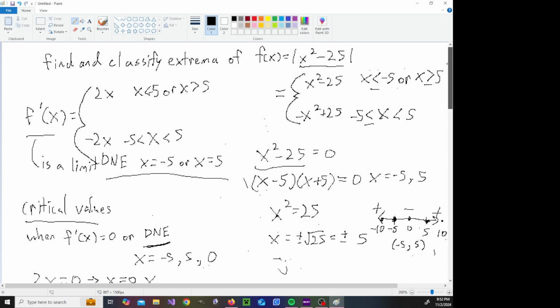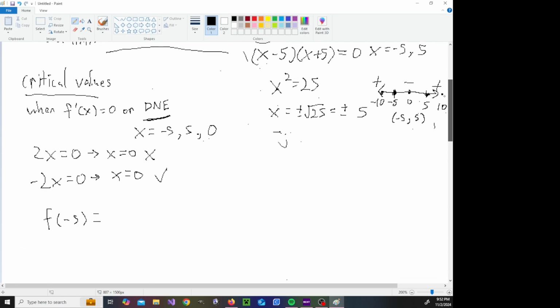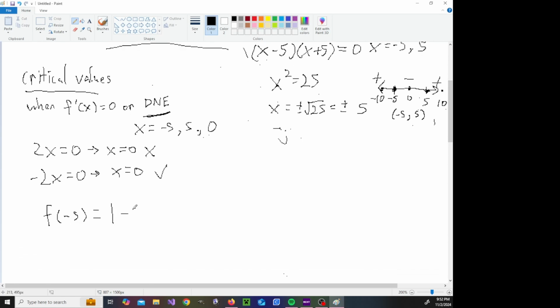What is f of -5? Well, that's the absolute value of (-5) squared minus 25. Oh, I got ahead of myself, (-5) squared is positive 25, minus 25.